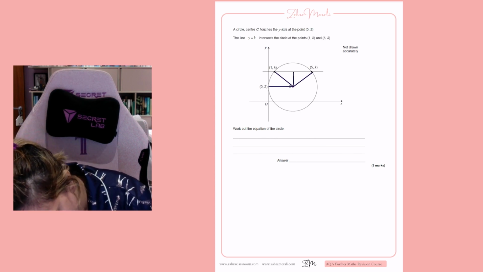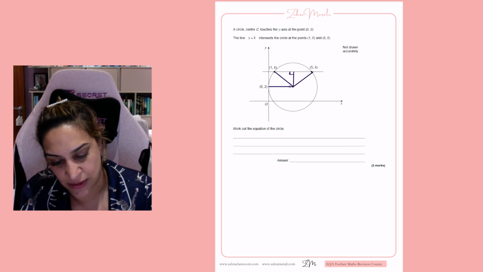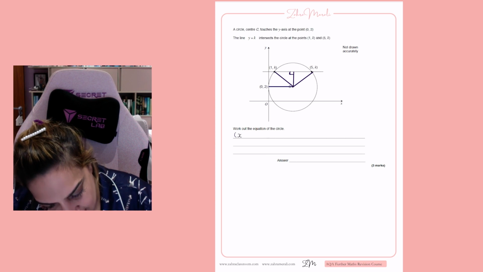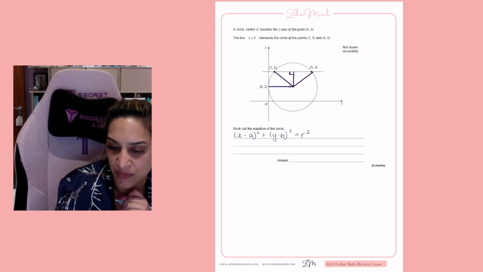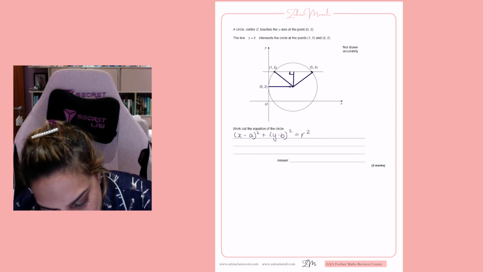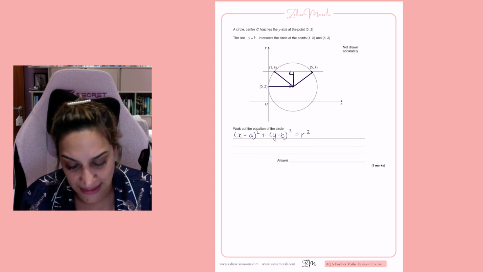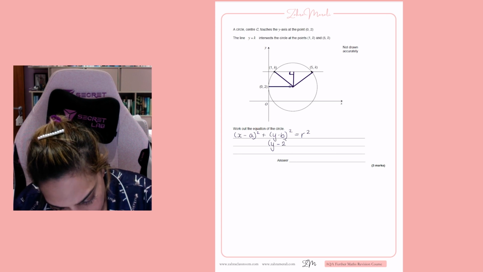But if I go halfway, I'm going to cut this exactly in half. Okay. Right. Now remember, the general equation is going to be x minus a squared plus y minus b squared equals r squared. So all I know at the moment is that my center is in line with y equals 2, so I know the y coordinate of my center is 2.